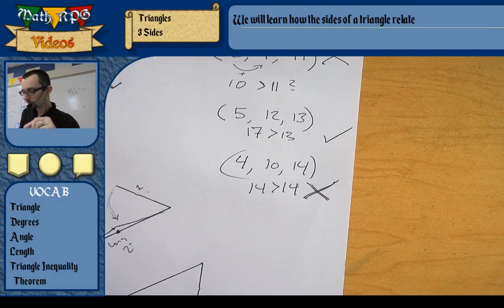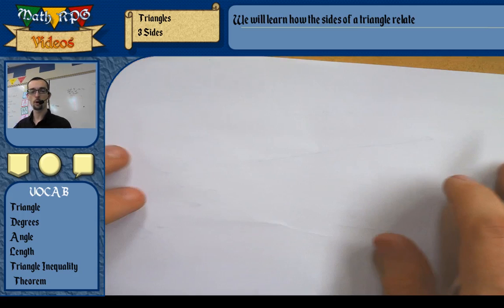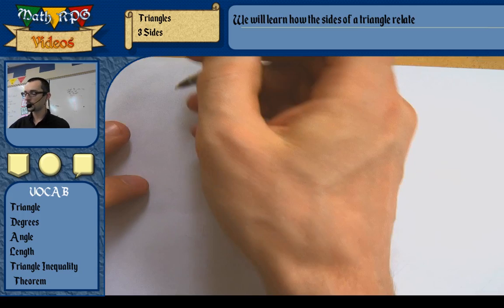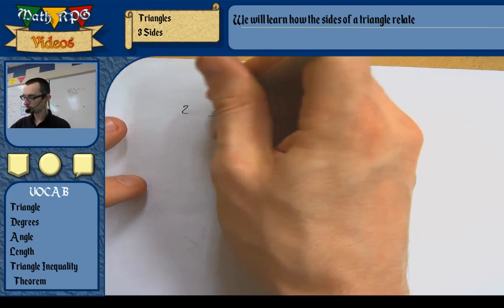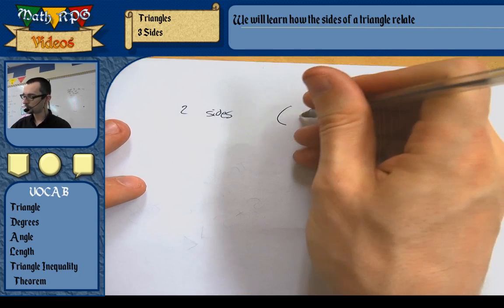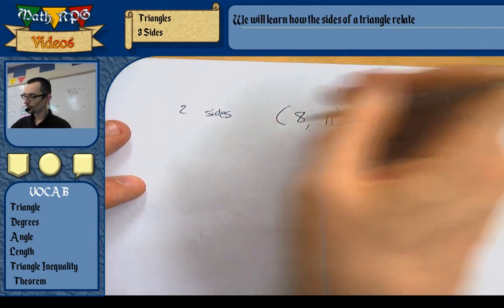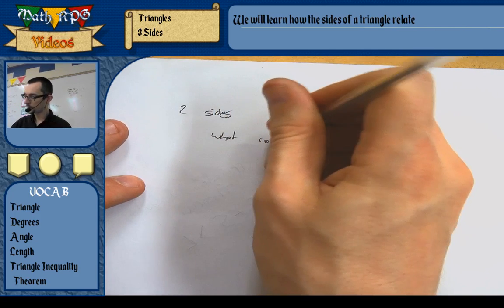The other thing I will mention is you can do this as well. Sometimes questions will be a little bit more complicated than that. I tell you that two sides of a triangle are 8 inches and 11 inches. Then what could the third side be?